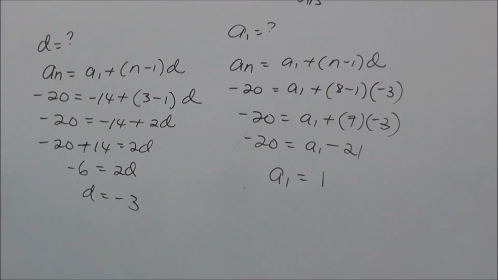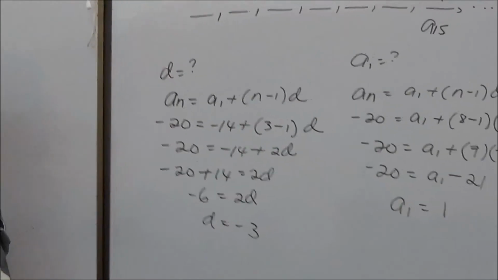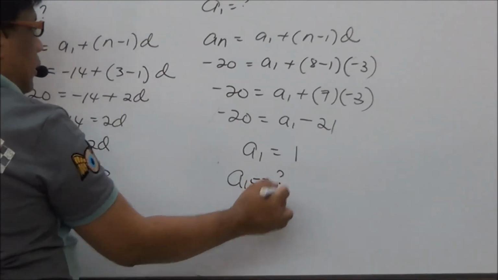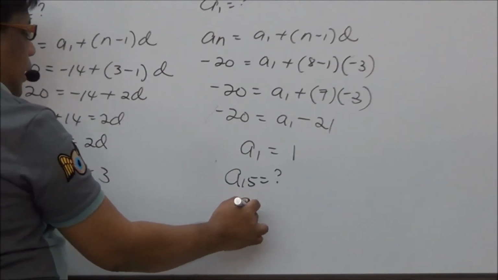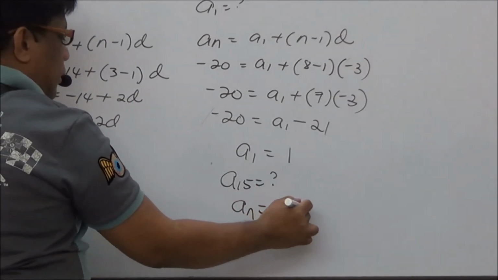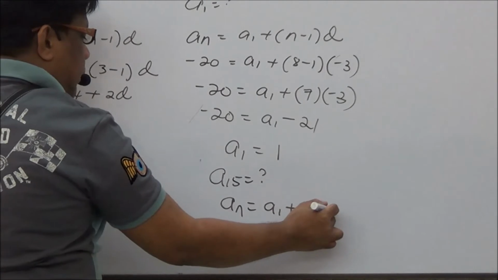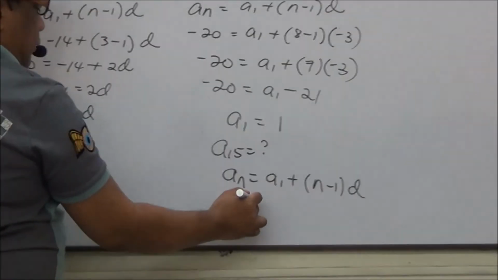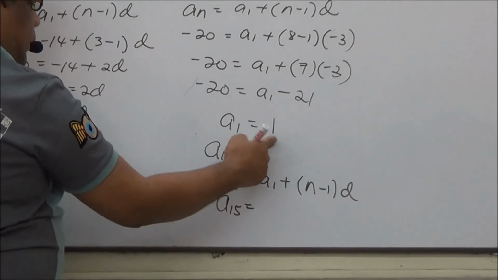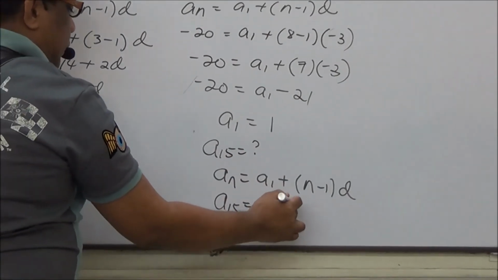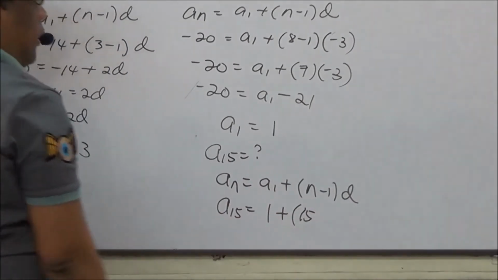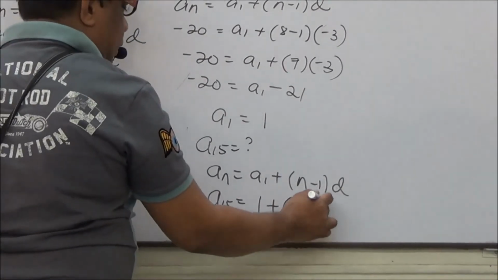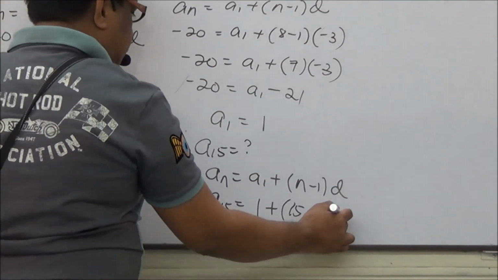And then we can now define a15. So in defining now a15, we'll make use of the formula again. an equals a1 plus (n minus 1) times d. Where we have now an is a15, then a1, we have this a while ago, 1 plus n is 15 because there are 15 terms given. So 15 minus 1 times d is negative 3.